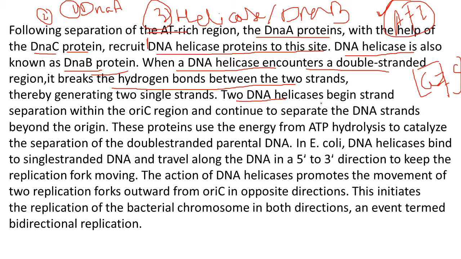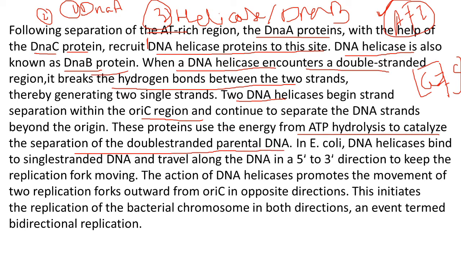Two DNA helicases begin strand separation within the C region and continue to separate the DNA strands beyond the origin. These proteins use the energy from ATP hydrolysis to catalyze the separation of the double-stranded parental DNA.